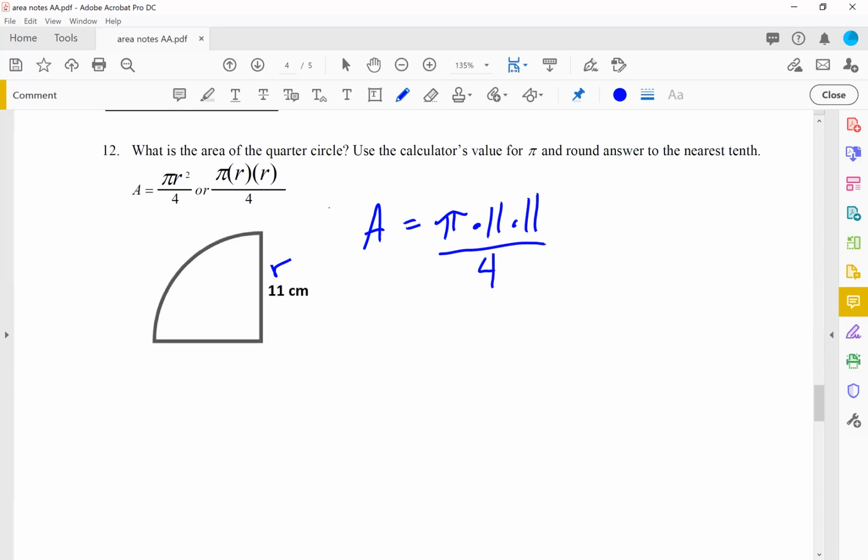So 11 times 11 times pi, enter, divide that by 4, enter again, and we get 95.03. Okay, that 3 is not going to make anything happen with the 0, so it's just going to be 95.0 centimeters squared.